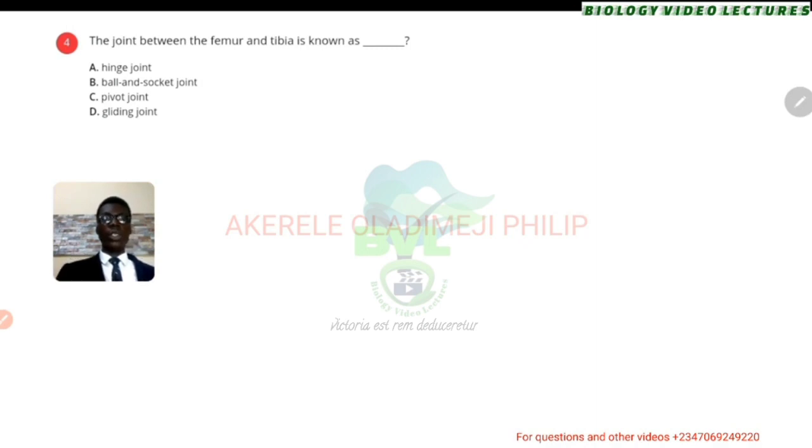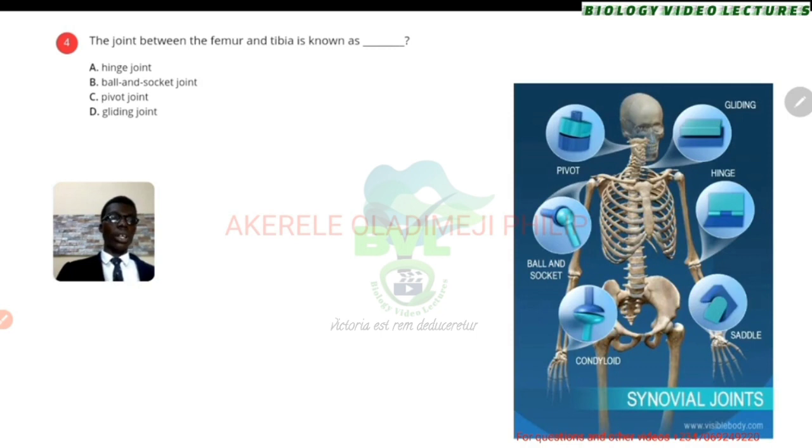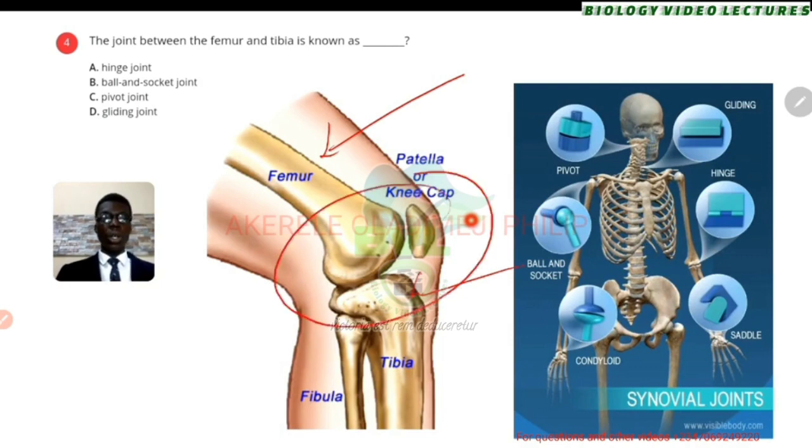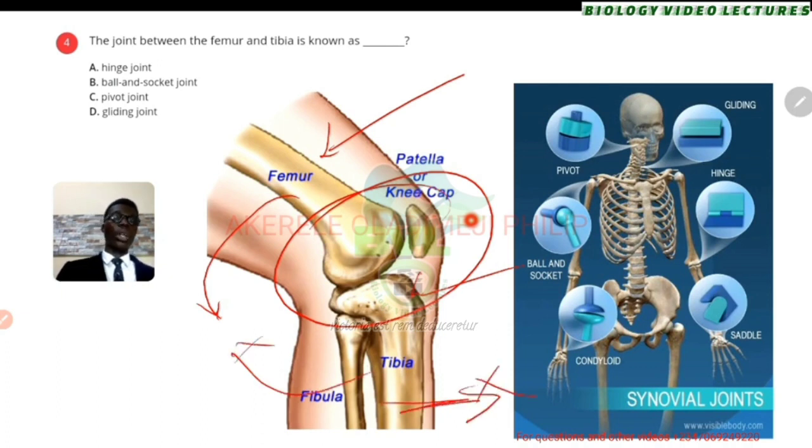Well, that should be a hinge joint. Let me show you that in a moment. Of course, you know that this is the femur, this is the tibia. This is called a hinge joint, a joint whereby there's movement in one direction, while in the other direction there's no movement. For example, I can move like this, but I can't move beyond this.